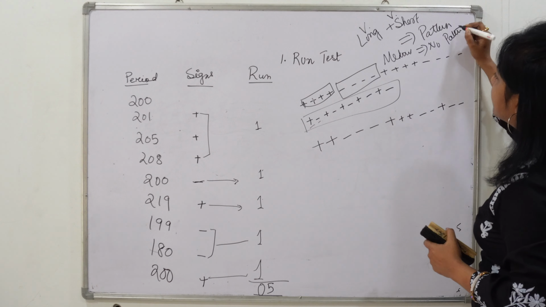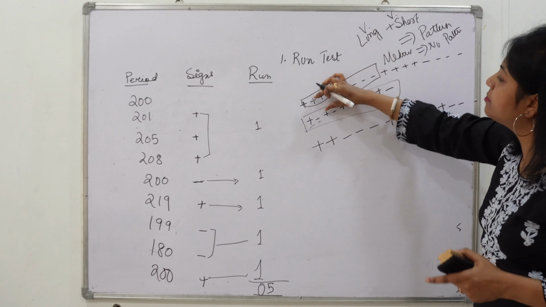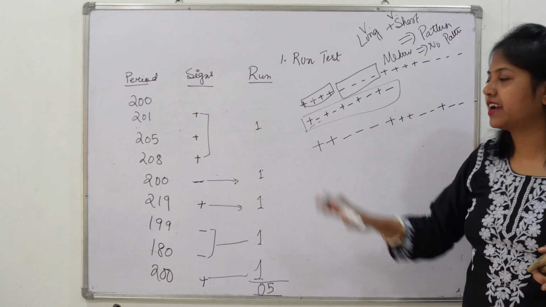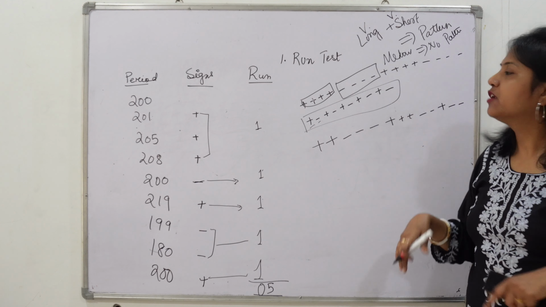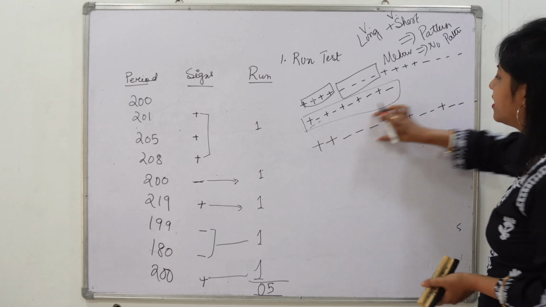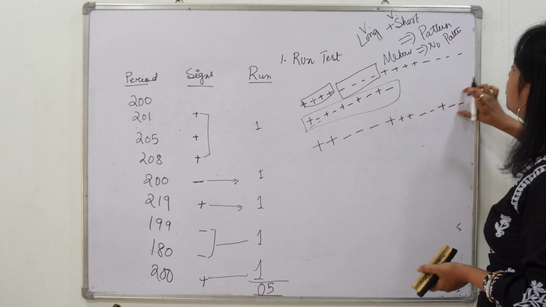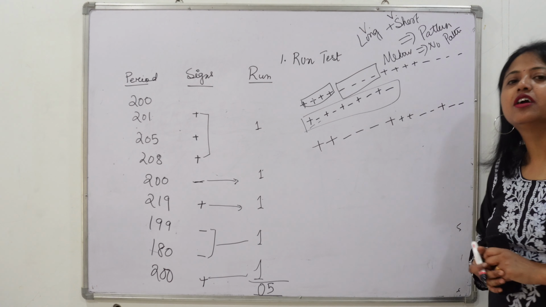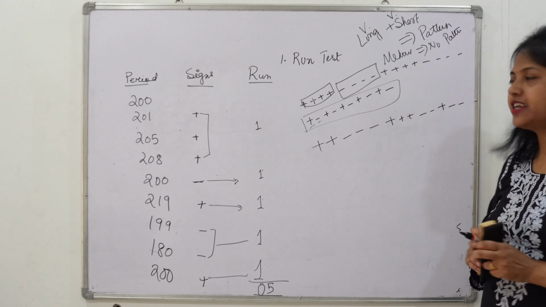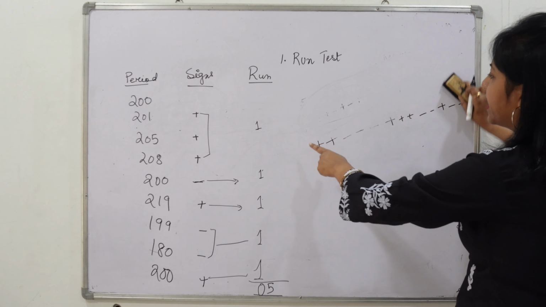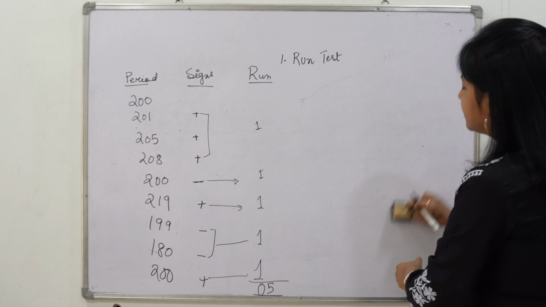Maximum similar signs will give me a pattern, and the lowest similar signs will also give me a pattern. What cannot give me a pattern is an average, neither very short nor long, but an average number of runs, right? So that's what I will do with this price data. I will see this number 05.